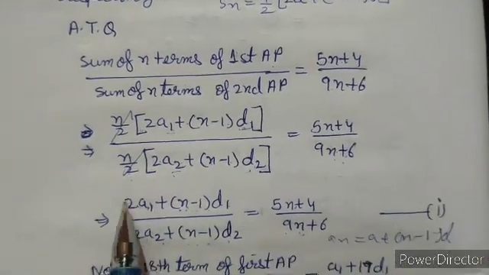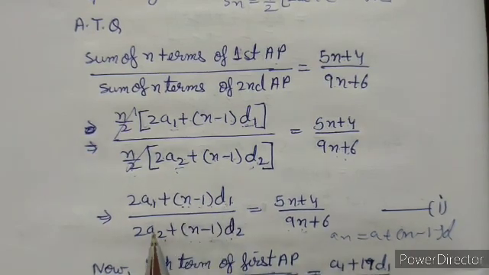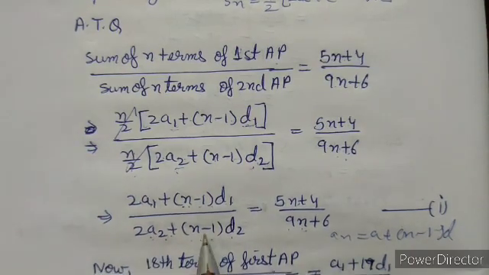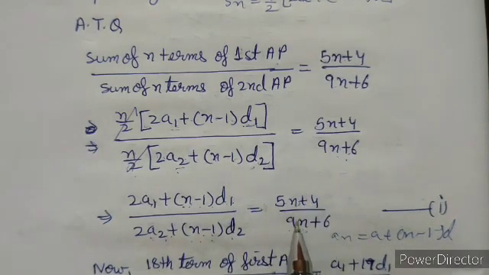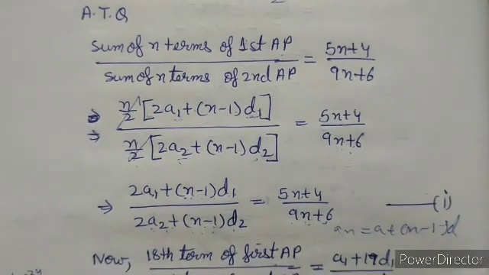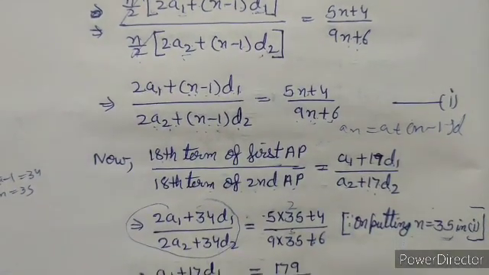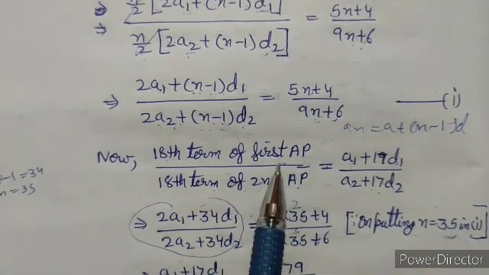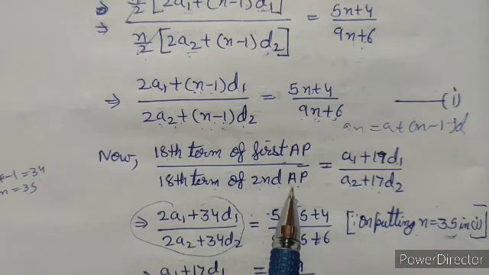Now this will give us 2a1 plus n minus 1 d1 upon 2a2 plus n minus 1 d2, and that will be equal to 5n plus 4 upon 9n plus 6. I have taken it as equation first. Now we have to find out the ratio of the 18th term of the first AP to the 18th term of the second AP.